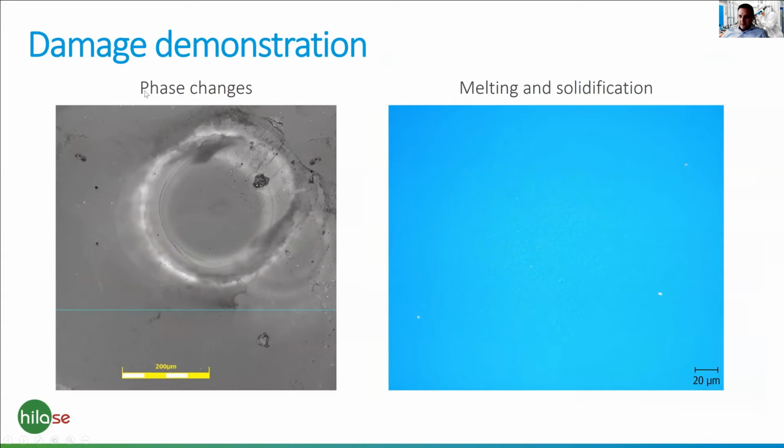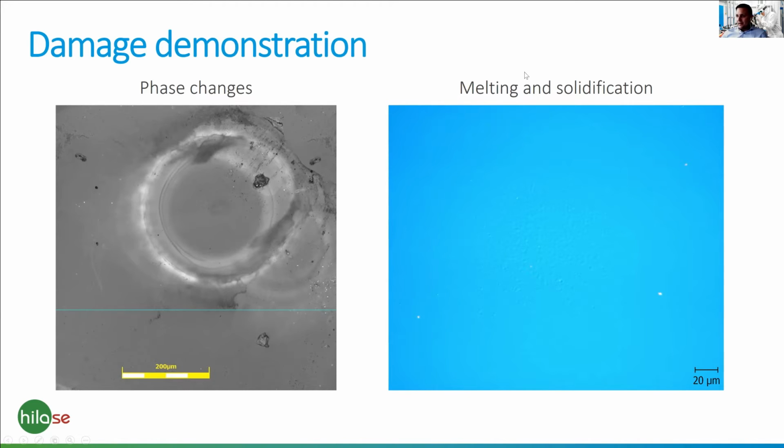Another thing often observed, especially when you are testing amorphous materials, are phase changes. When the material gets heated, this heating leads to partial crystallization or semi-crystallization at the affected area, which then, of course, has different optical properties from the interacting light point of view.